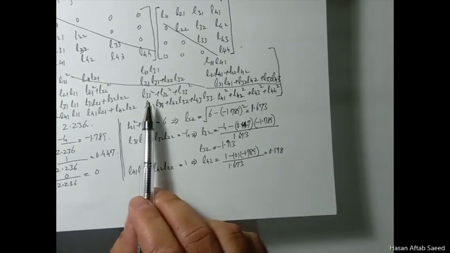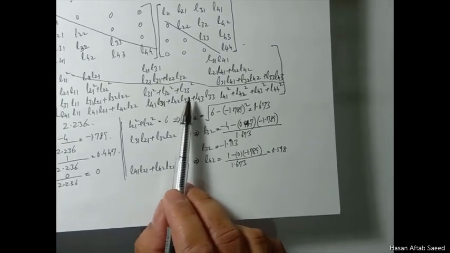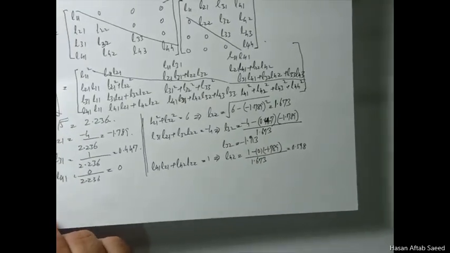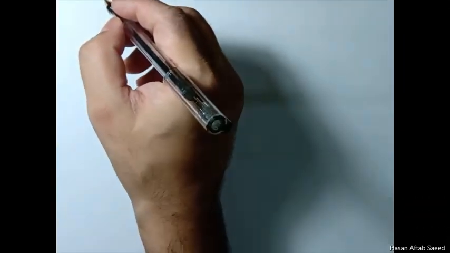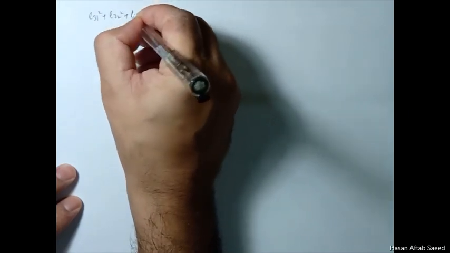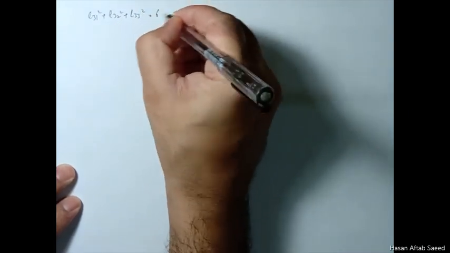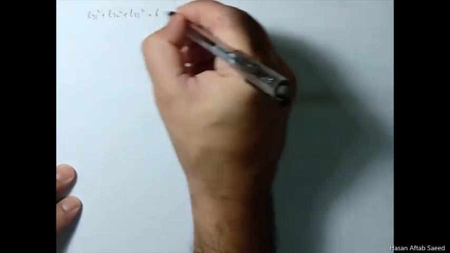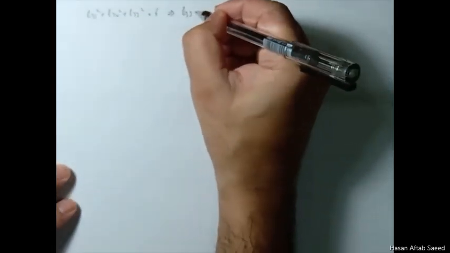Now the next that we need to take up is L31 square plus L32 square plus L33 square is equal to 6, which implies that now we are going to calculate L33, the next diagonal term.